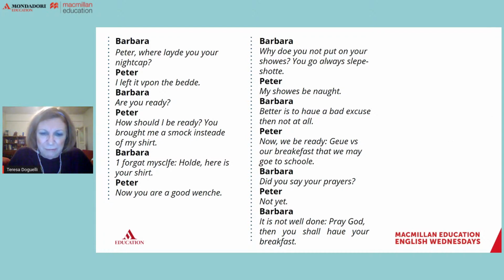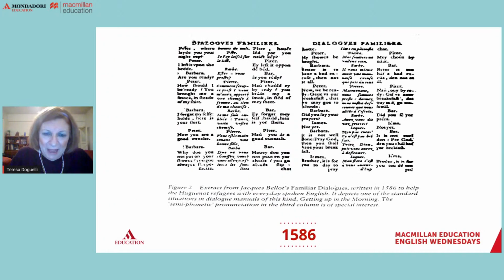So are you ready? I'm going to now reveal on the next slide the year that this text came out. Bam! 1586. So those of you who wrote 1500, you were very, very close. Those of you who wrote 1600, also very, very close. This was, in fact, the very first English language text.